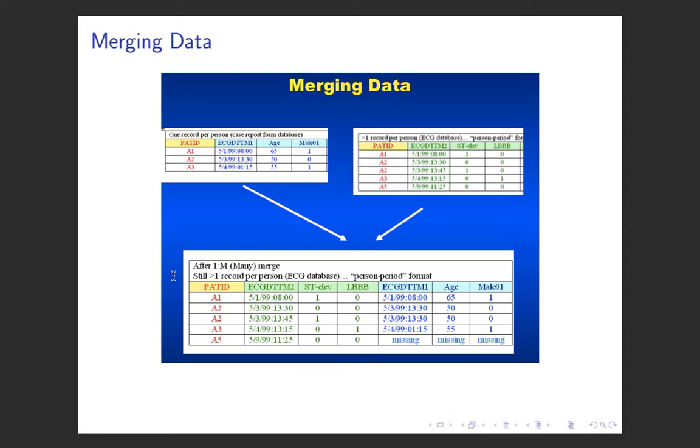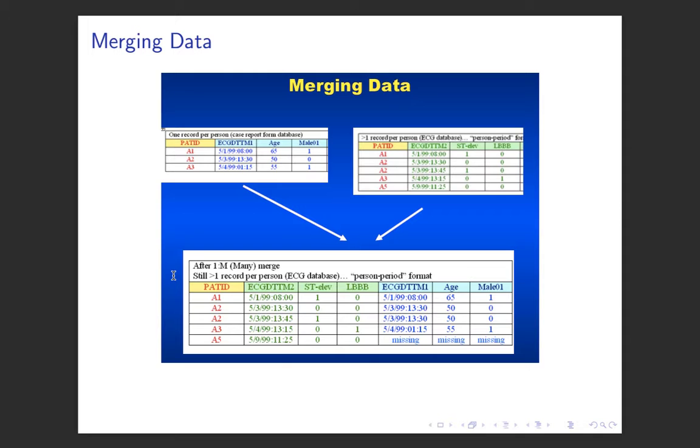So for example, here we have one database which has the age and the gender and when they got their electrocardiogram, and then the other database has the actual electrocardiogram information. Like for example, one of the pieces of information you pull off an electrocardiogram is what's called the ST segment, which is the amount of time between the S wave and the T wave, and if that wave is elevated, that indicates the person might be having a heart attack.